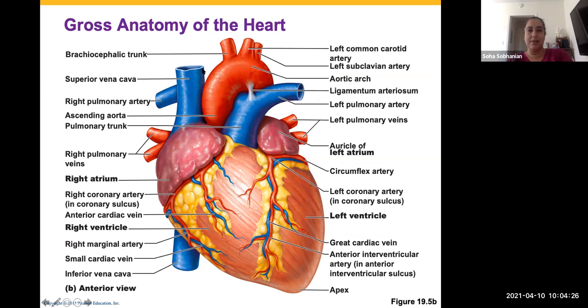So this brachiocephalic that you see, if you continue it, and there are images in your lab that show this, it branches to the right common carotid artery, which is parallel to this one, the middle one for the left side. And then you have one that goes over on the side, which is the subclavian that goes toward your arm.